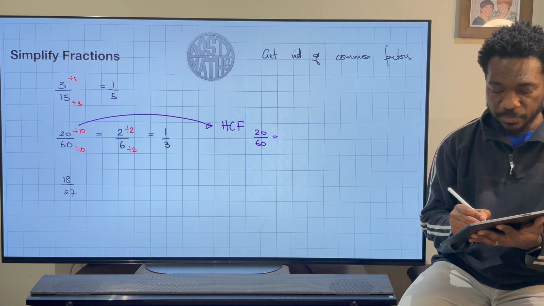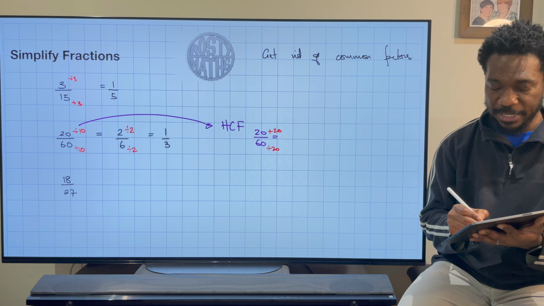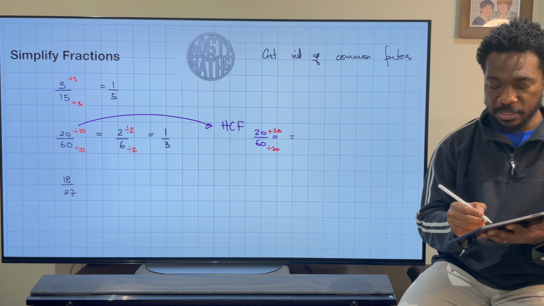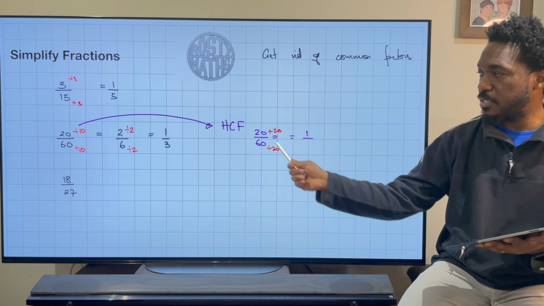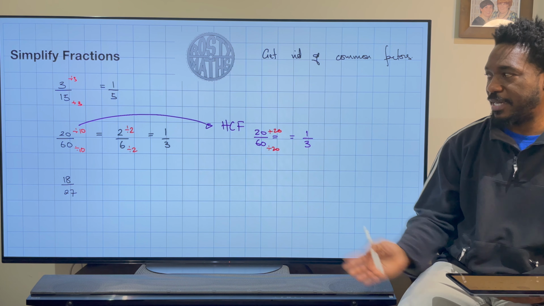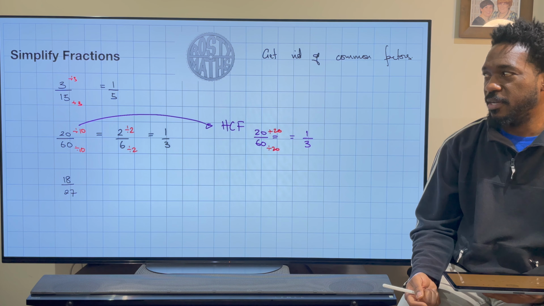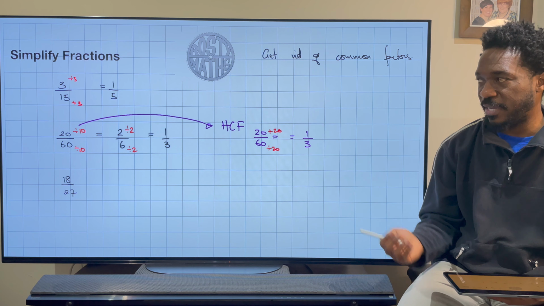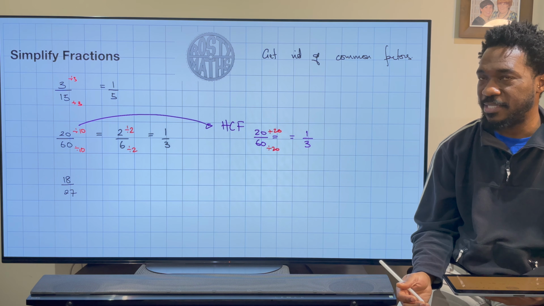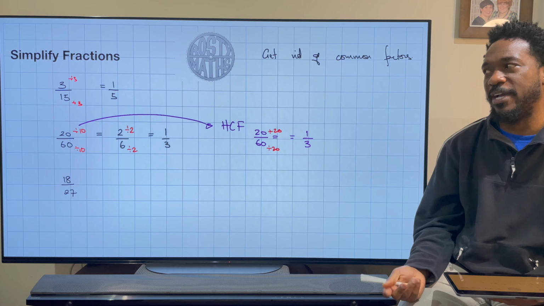So I will divide by 20, divide by 20. 20 divided by 20 is 1, and 60 divided by 20 is 3. And just like that, I have got my 1/3 in one step. If you choose any other factors, you'll get there in the end, but it'll take longer than if you choose the highest common factor.